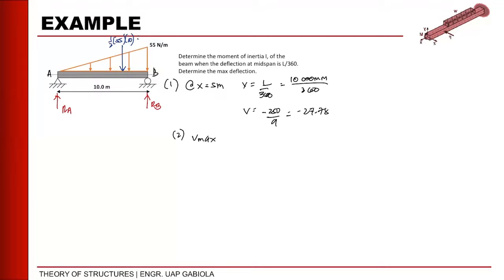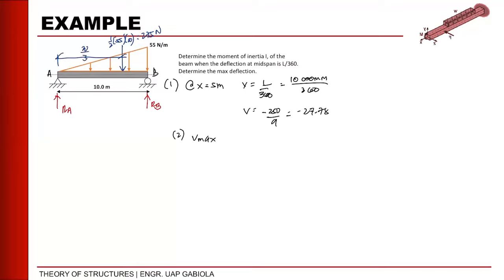So our value is 275 newtons. Its distance is 2 over 3 of 10, that is 20 over 3.